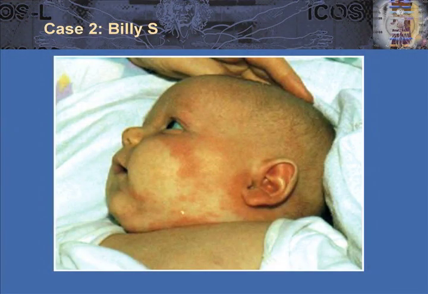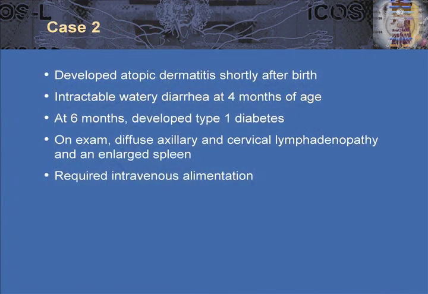And to introduce you to this concept, let me also introduce you to case 2, the patient Billy S. And what you can see here is that Billy S. developed atopic dermatitis on his face very early in life. He developed atopic dermatitis shortly after birth, and then at 4 months of age, he developed intractable watery diarrhea, which was quite severe.